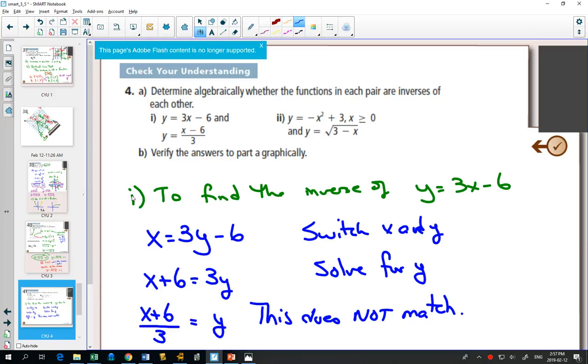So just a note up here, I'm going to label that. We're looking at negative x squared plus 3, but only for x bigger than or equal to 0. In other words, we're only looking at half of the parabola.